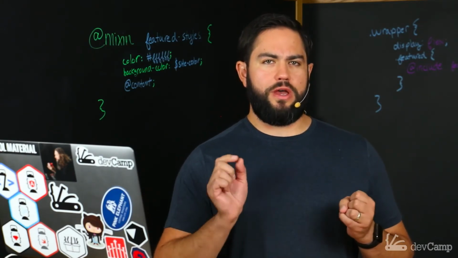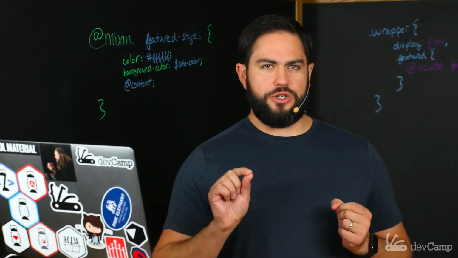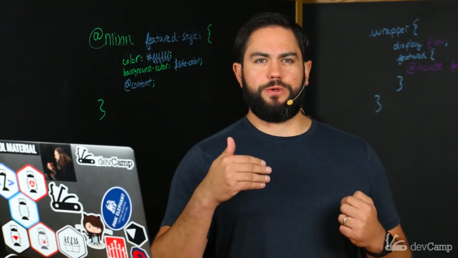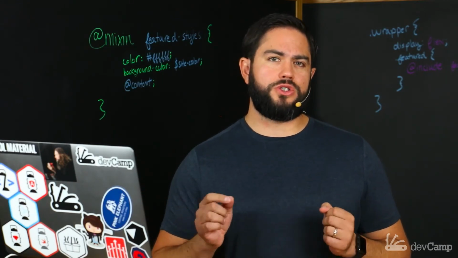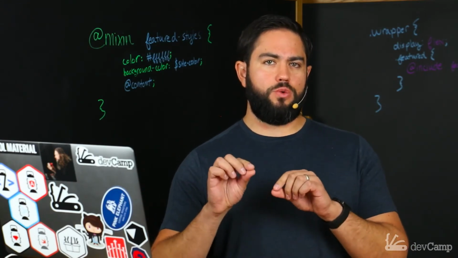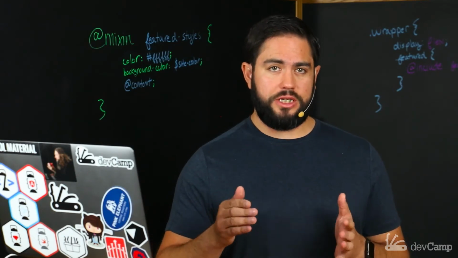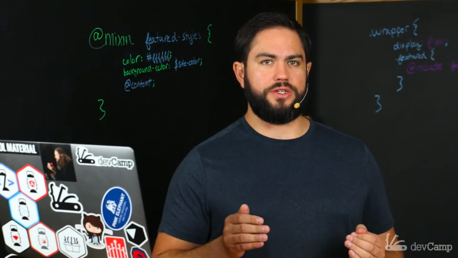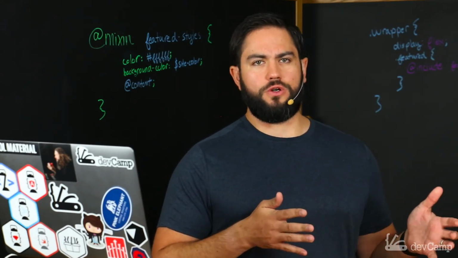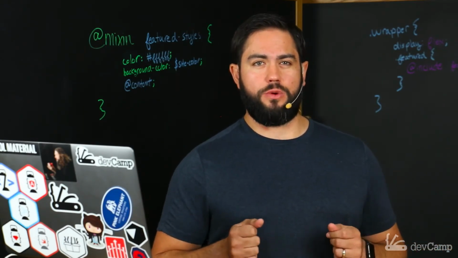You don't have to make sure that the indentation's perfect or you're going to get some type of syntax error. It's much more friendly for beginners, and also if you want to write just pure CSS code, an SCSS file will still process it, where the original version of SASS would actually throw an error.